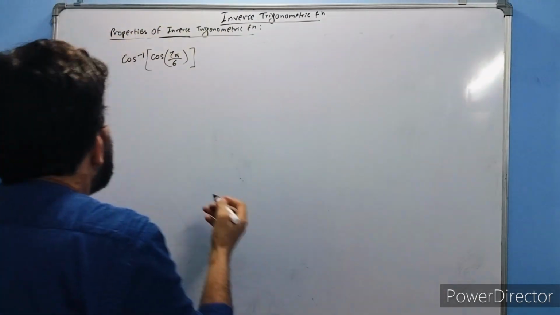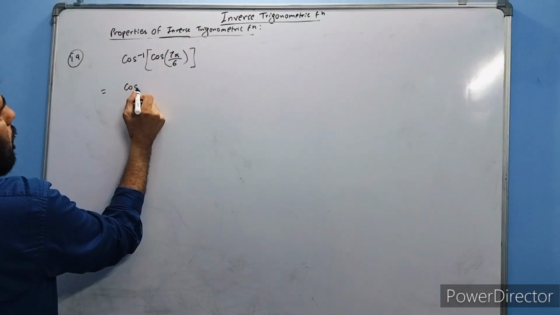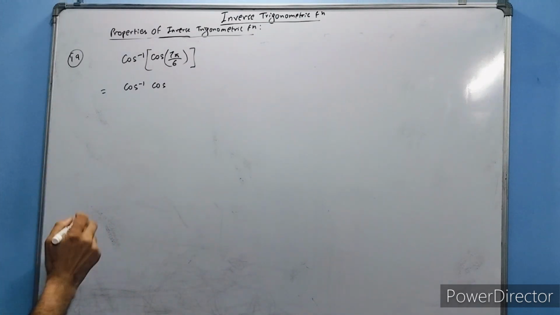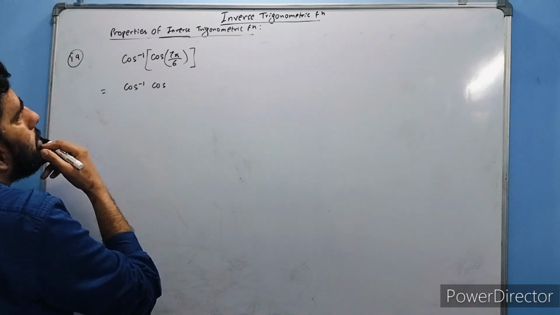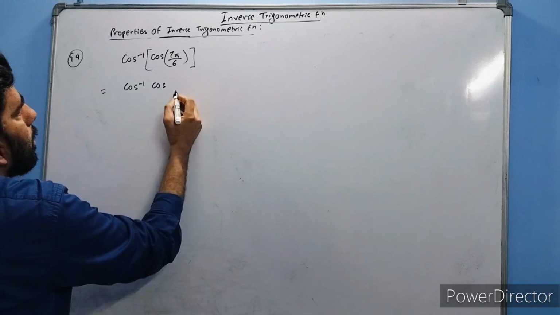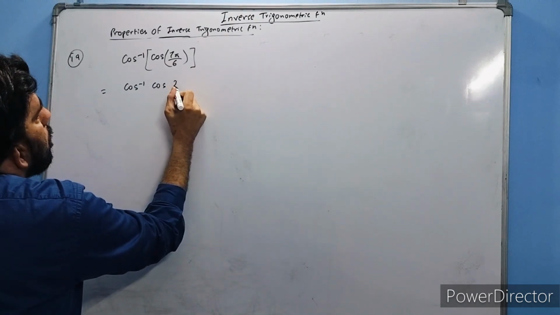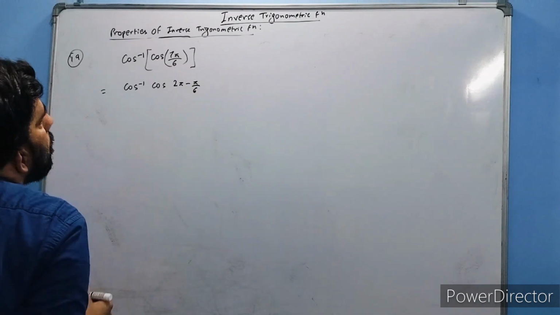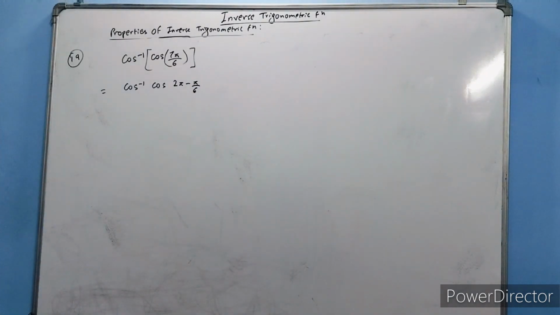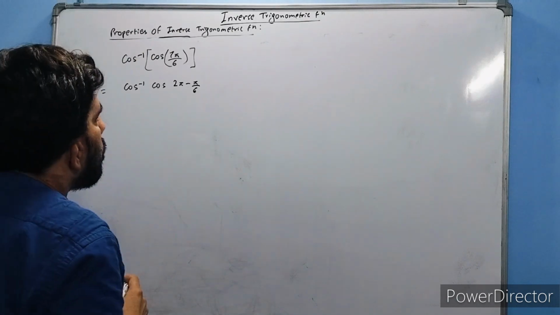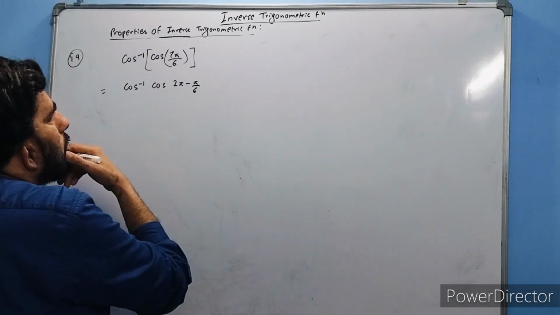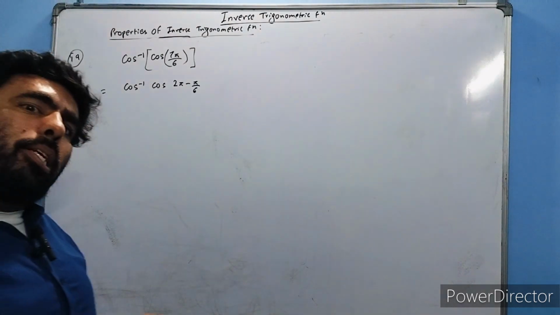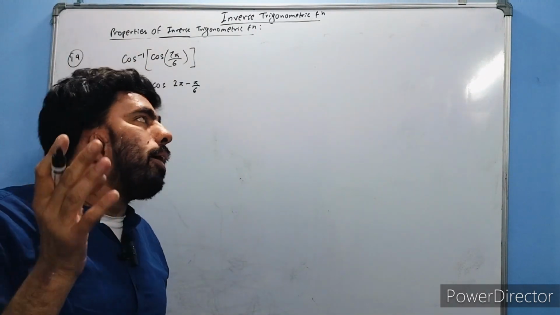What we can do here, we have the value 7 pi upon 6. So we can take it as cos 2 pi upon 6. If I take this value, it will not work like this, because we have to see that cos x is positive in the first quadrant and in the second quadrant.